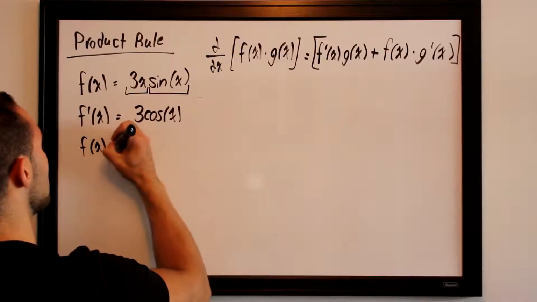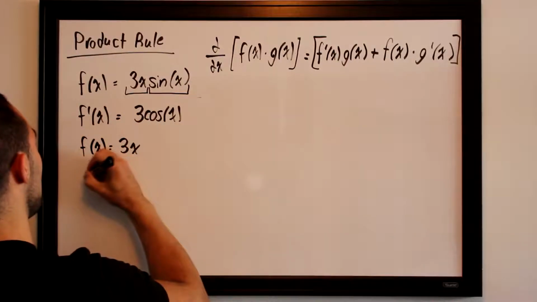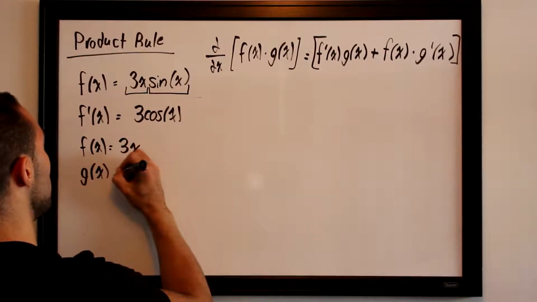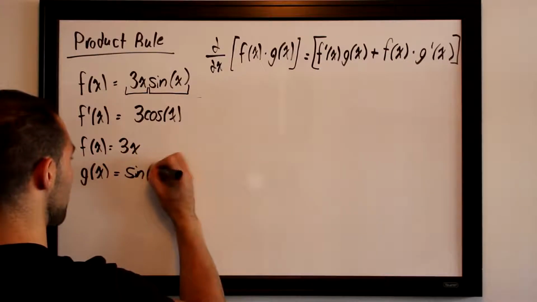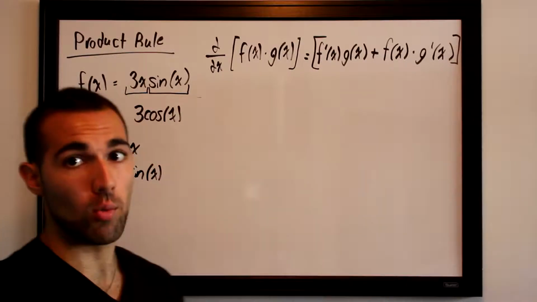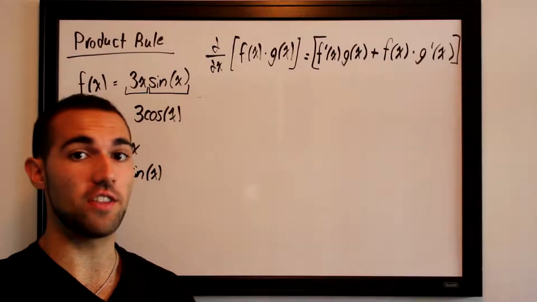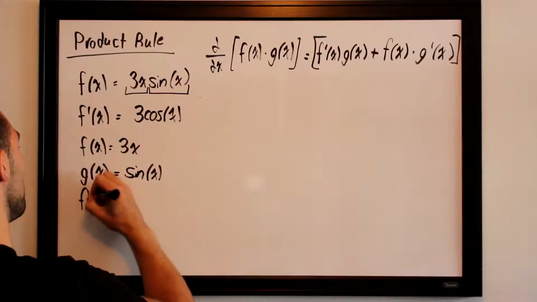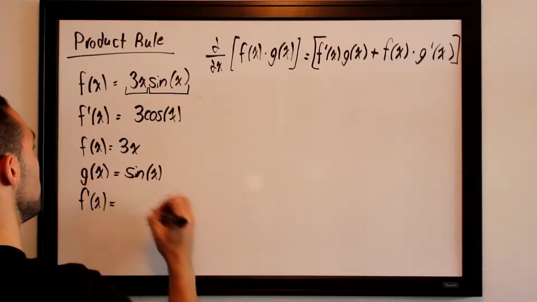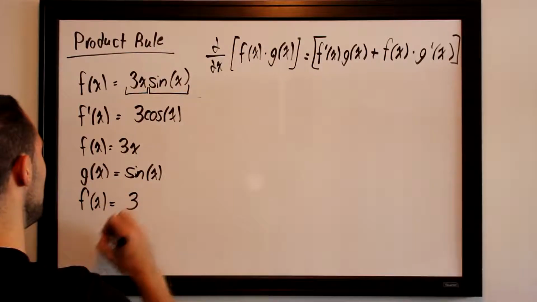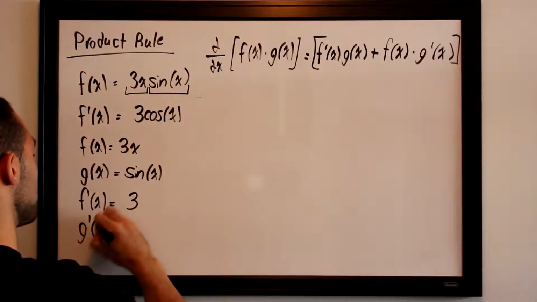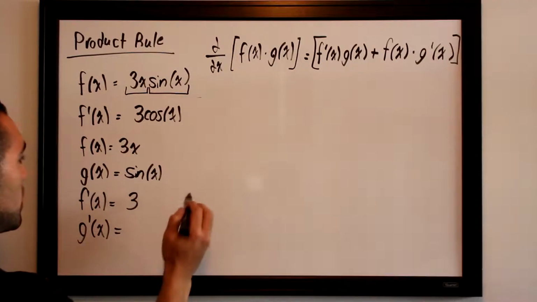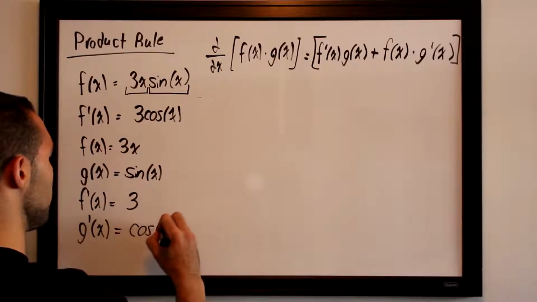Our f of x will be 3x, and our g of x will be sine of x. Now we know that we can take these functions and differentiate them easily, so we'll do exactly that. Our f prime of x, which is the derivative of our initial f, is 3, and then our g prime of x is the derivative of our g, which is cosine of x.